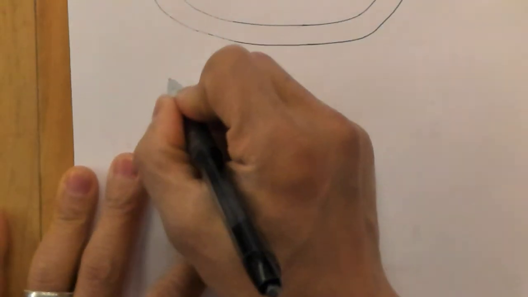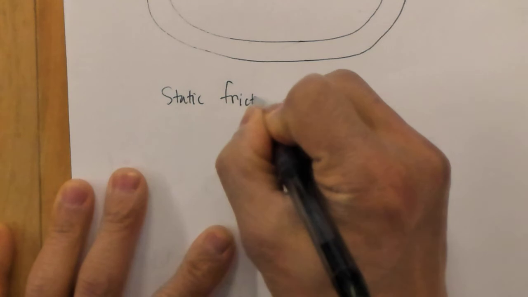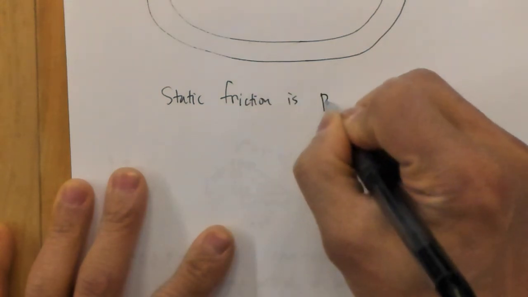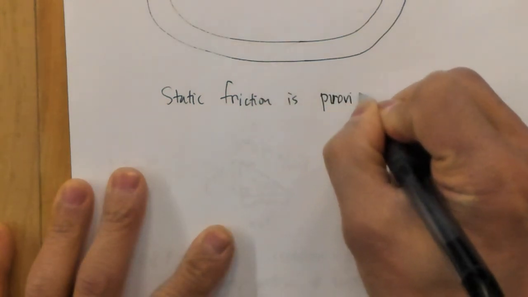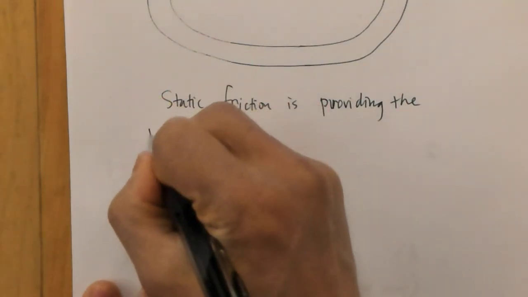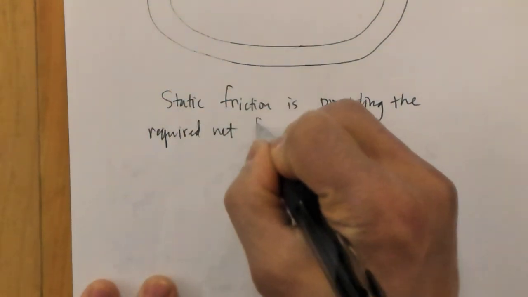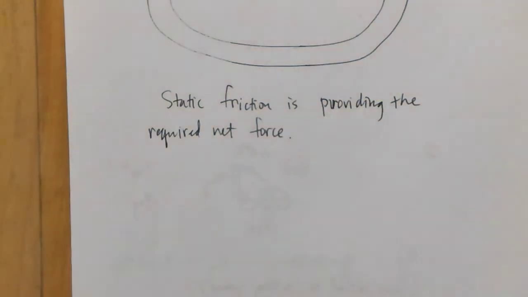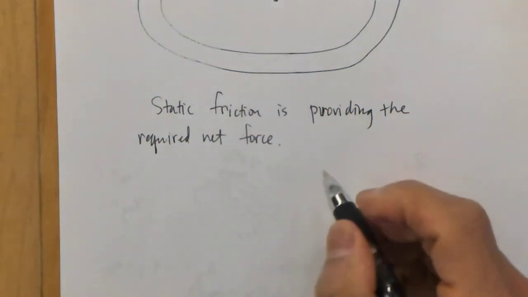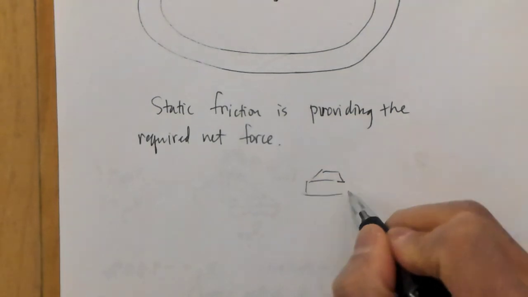So the static friction is providing the required net force. If I were to consider a little car, let's draw it head on.